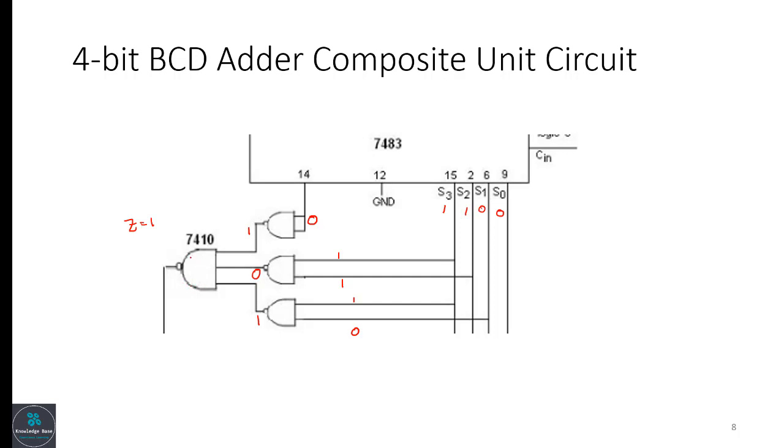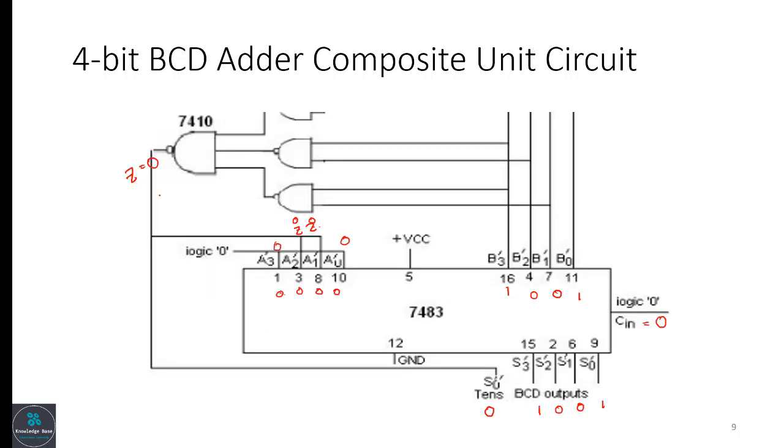Now if Z is 1, then in the second 7483, the input we are getting here is Z equals 1 for this example. So input in A is 0, 0, that is always grounded. Now Z is connected here, so 0 1 1 0, that is the decimal 6, and the B input for the 7486 is 1 1 0 0.